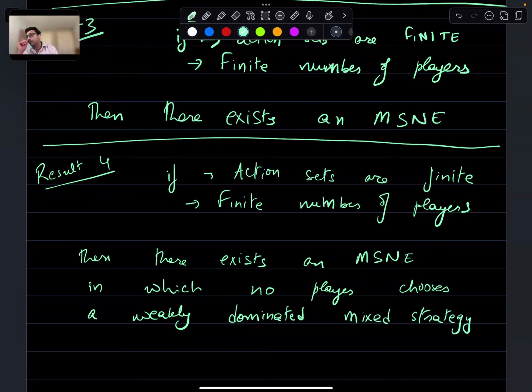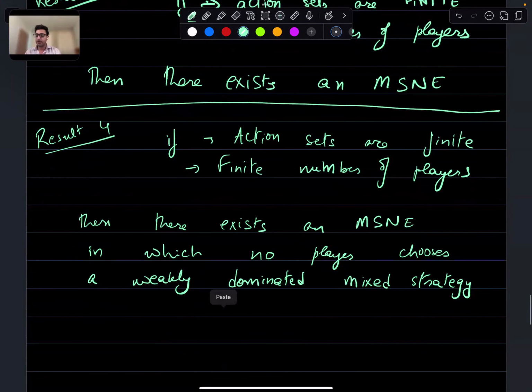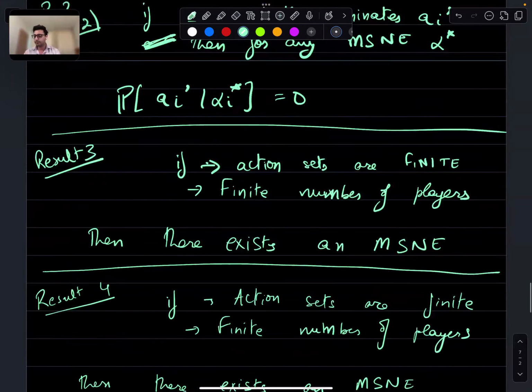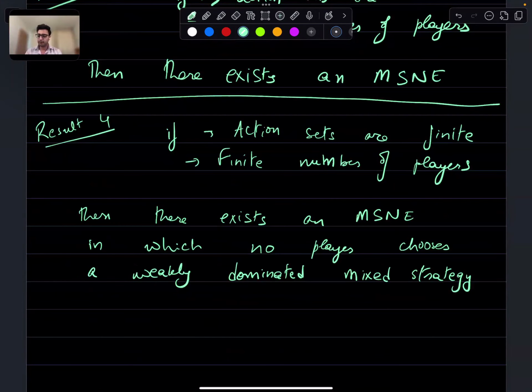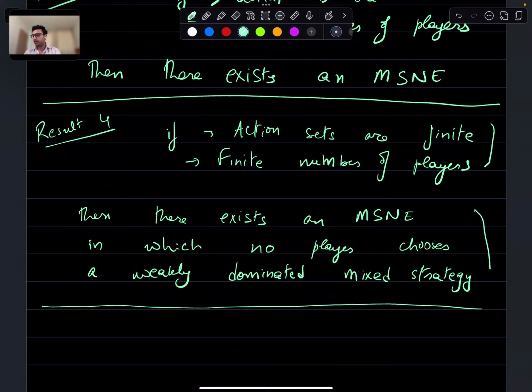Right? So alpha I star is not weakly dominated for any I. So with the same preconditions, you can have a more powerful result.